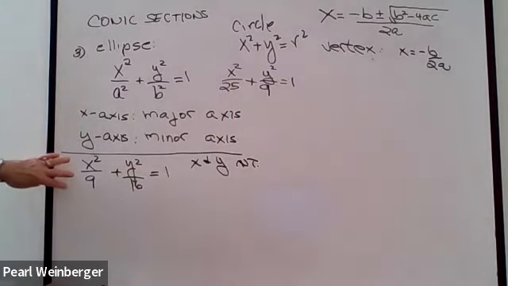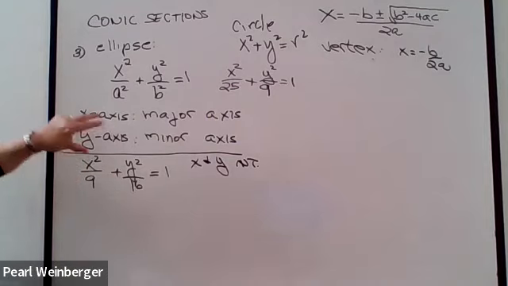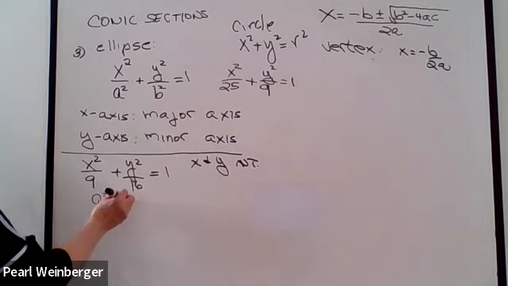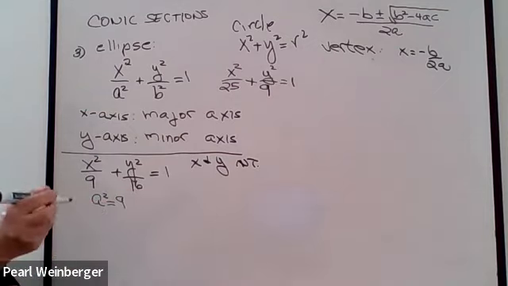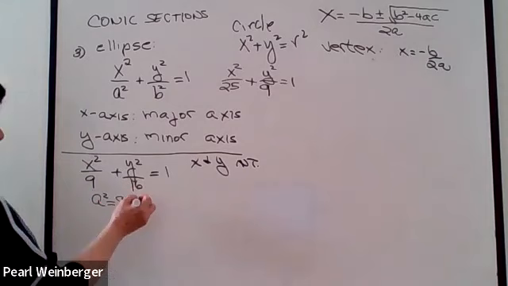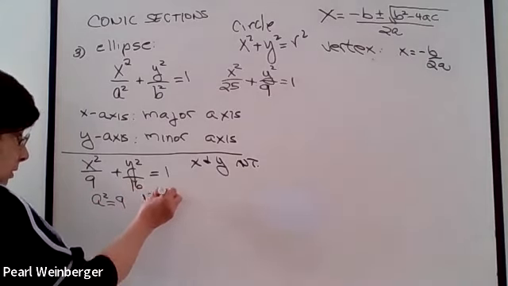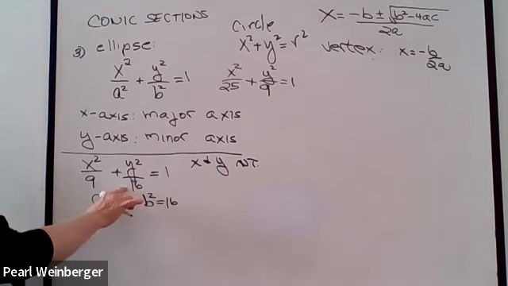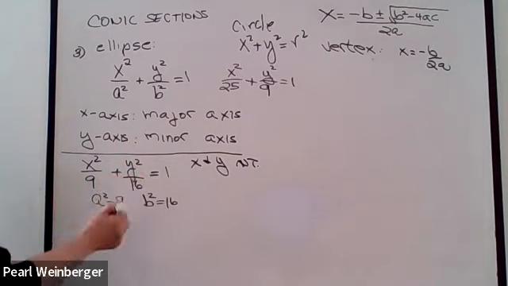Again, I gave you an equation of an ellipse, which we recognize: x squared over something plus y squared over something. In this case, a squared happens to be 9 and b squared happens to be 16. The a squared is always the number under the x squared, and the b squared is always the number under the y squared.